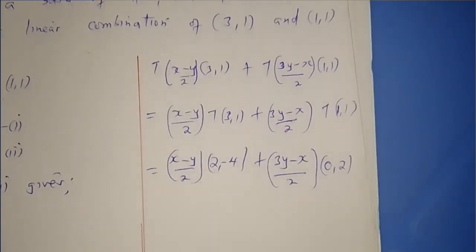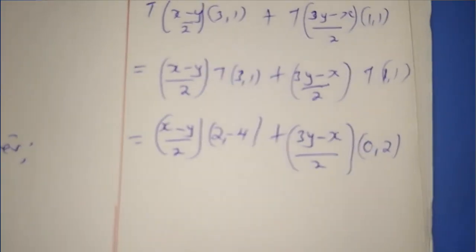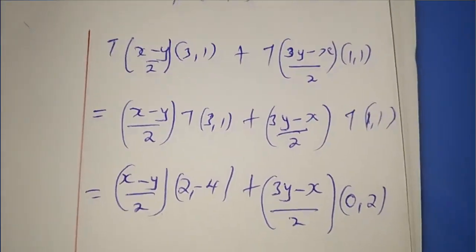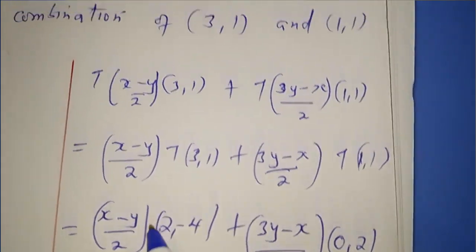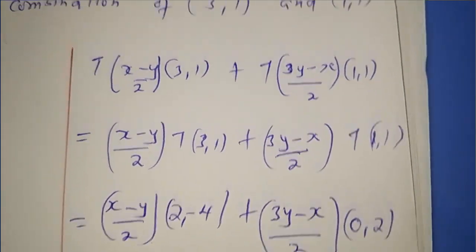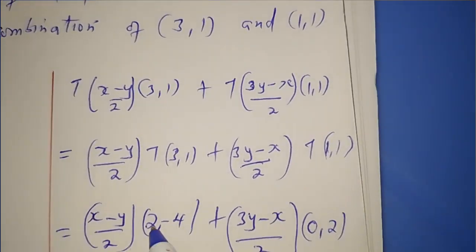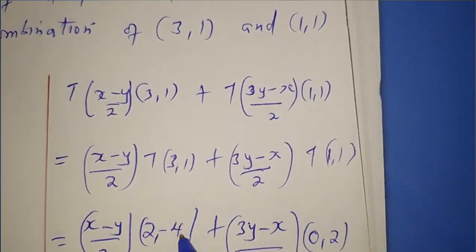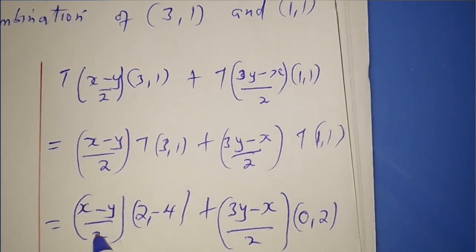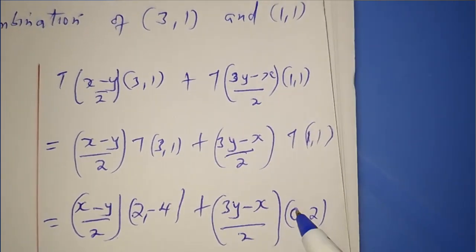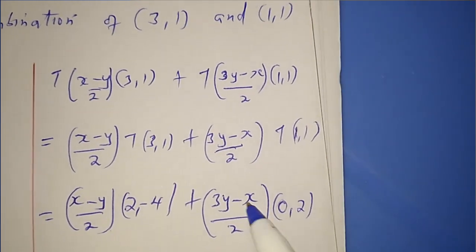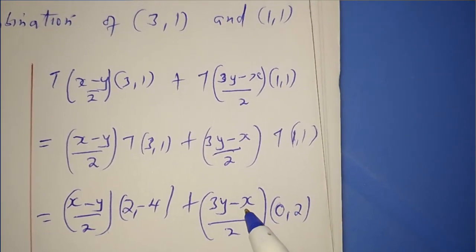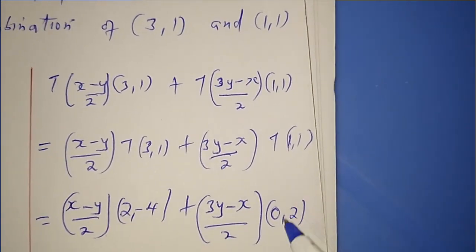Now let's simplify. This is a sign for multiplication. First we multiply the x coordinate with the whole of this, then the y coordinate with the whole of this, plus the x coordinate 0 times the whole of this, then the y coordinate with the whole of this.